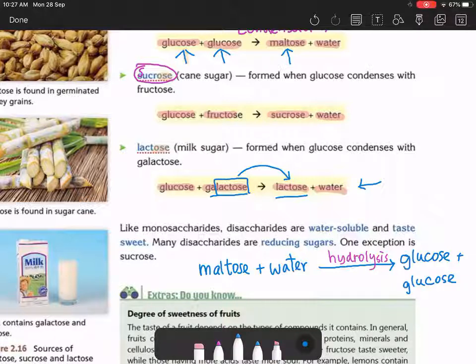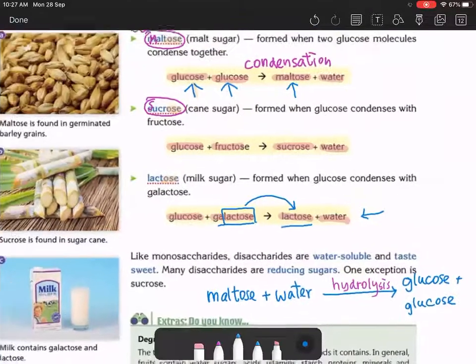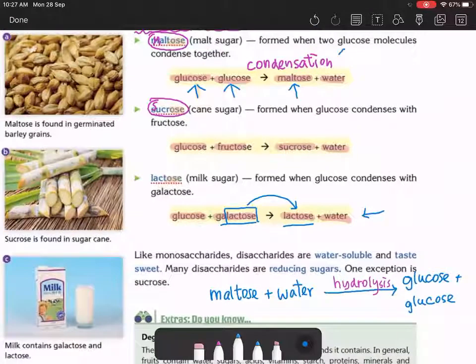Can you see? Hydrolysis is opposite to condensation. Just break it. And you have to study this part, okay? Study page 10.